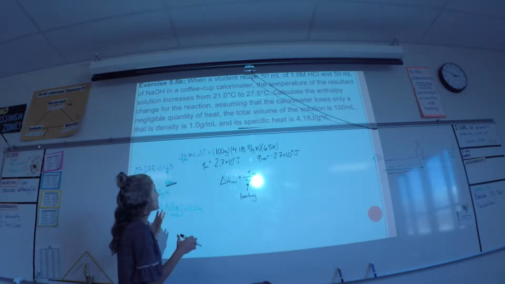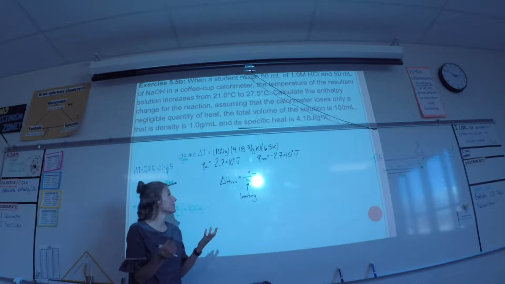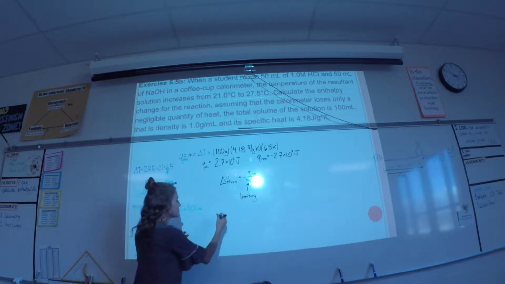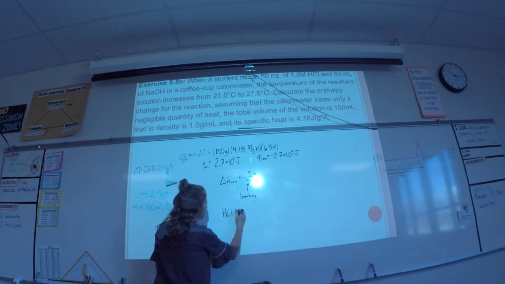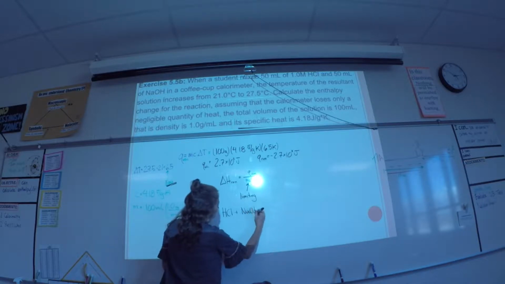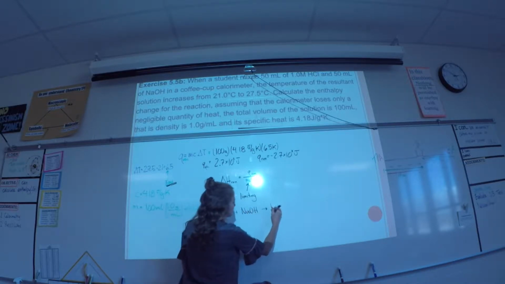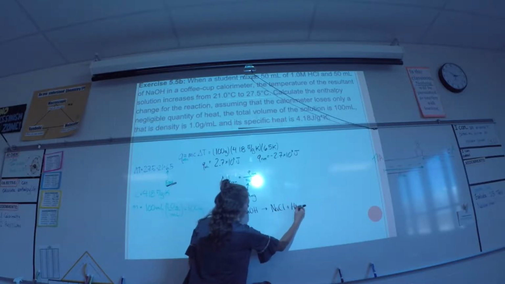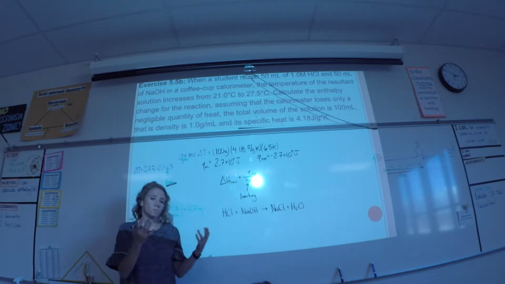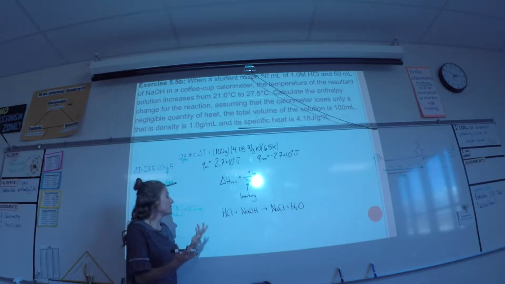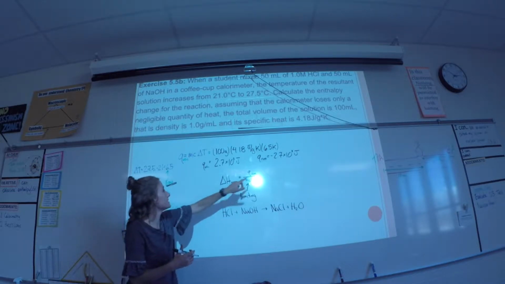Now, in this case, we have 50 milliliters of both. It's a 1-to-1 ratio when we write out the balanced equation. So there is no official limiting in this case, so whichever one we pick is fine. But notice that this is based on the limiting moles.